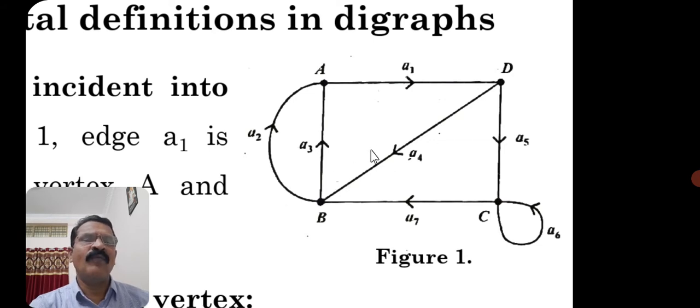So the edge A4 is incident out of the vertex D and it is incident into the vertex B.